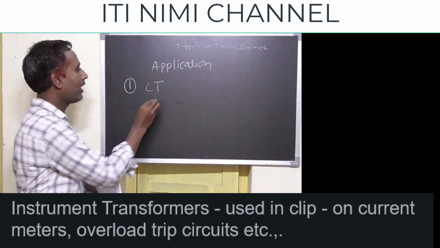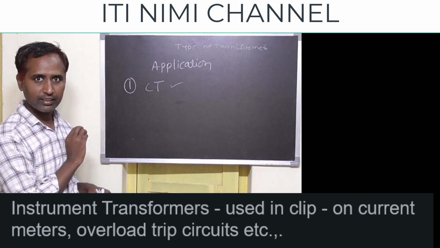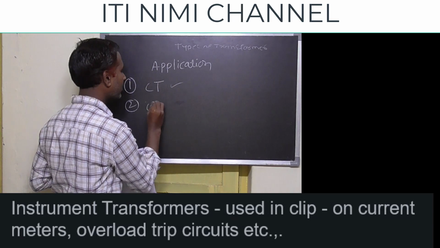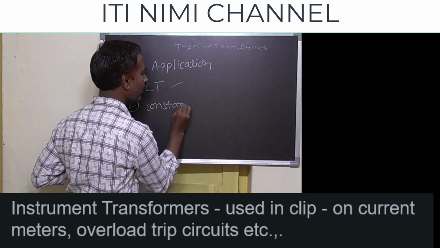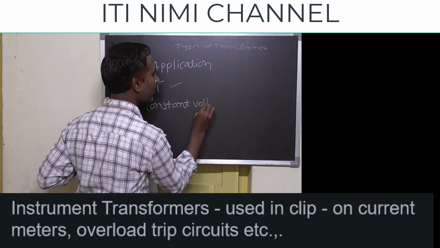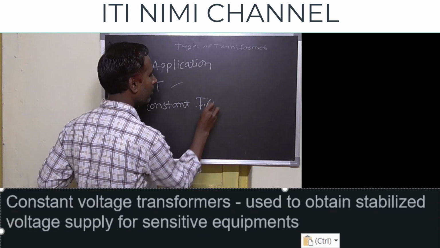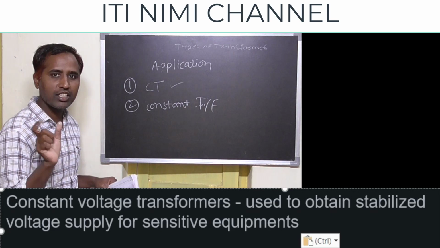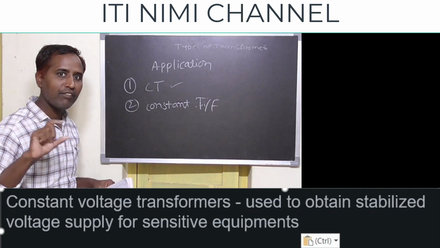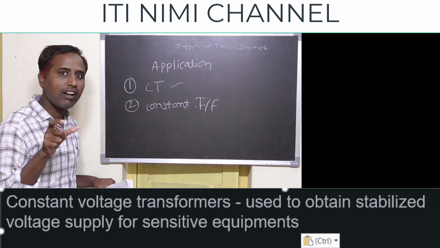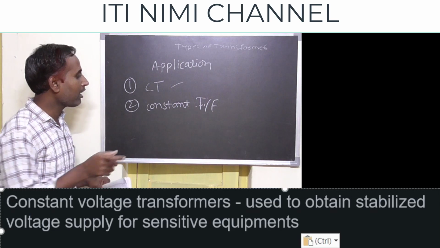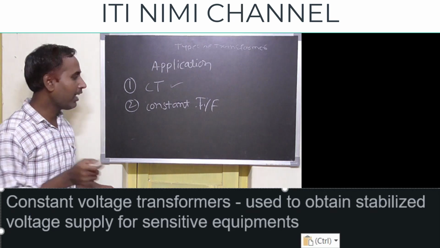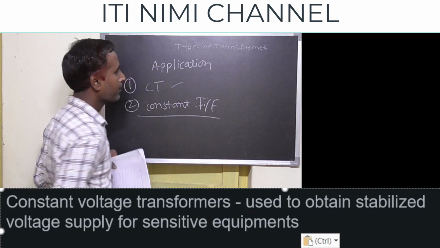Where are constant voltage transformers used? Where we need a constant voltage, we don't need a fluctuating voltage. Where we need a constant voltage, that type of transformer we say is a constant voltage transformer.